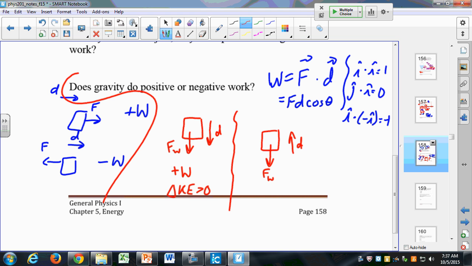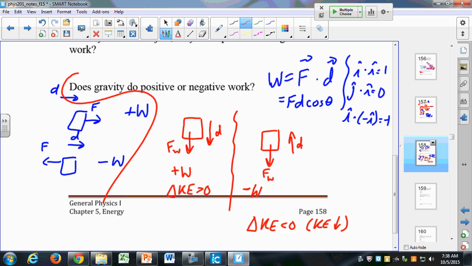So the kinetic energy is getting smaller. To put that in words, the kinetic energy is decreasing. The change in kinetic energy is less than 0. And similarly, my work is also less than 0. I have a negative work here as well. So those two are closely related.